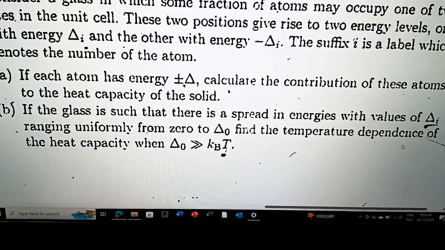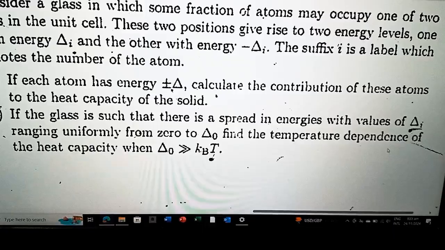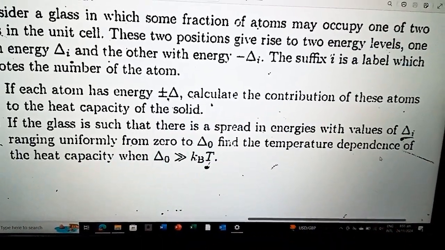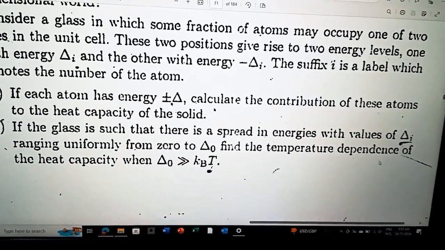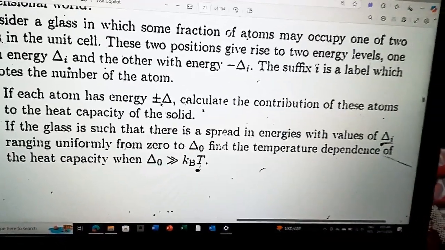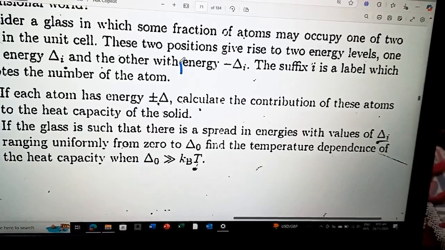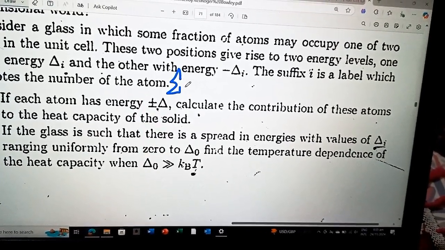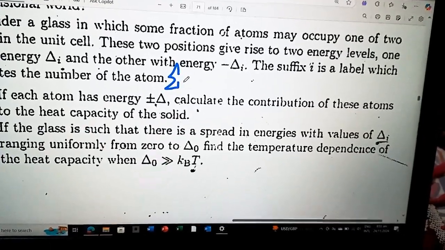Alright, let's see how we can do that, and you must be expecting integration in that case, because whenever there are discrete values like plus delta and minus delta, there is a discrete summation that we represent by that summation sign. Let me draw it here. It's like that. Whenever there is discrete summation, we add each term separately, 1 plus 2 plus 3 plus 4, for example.